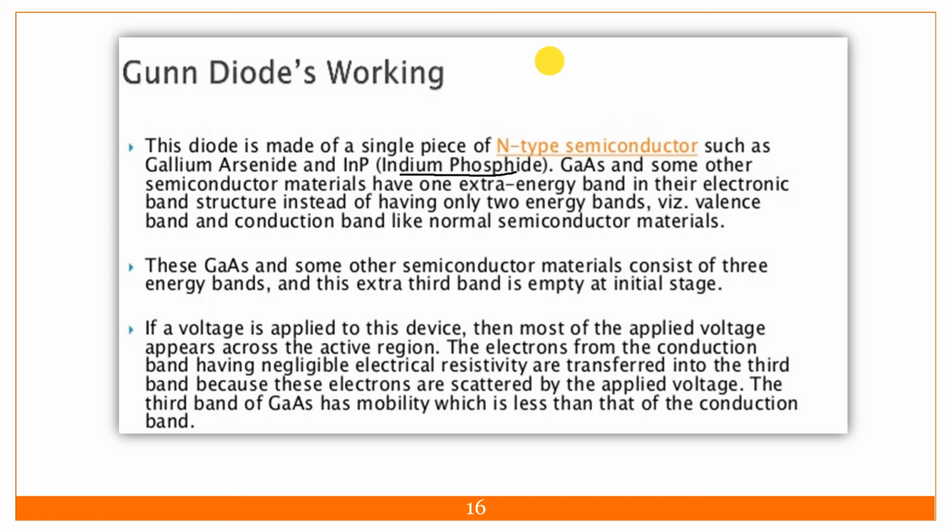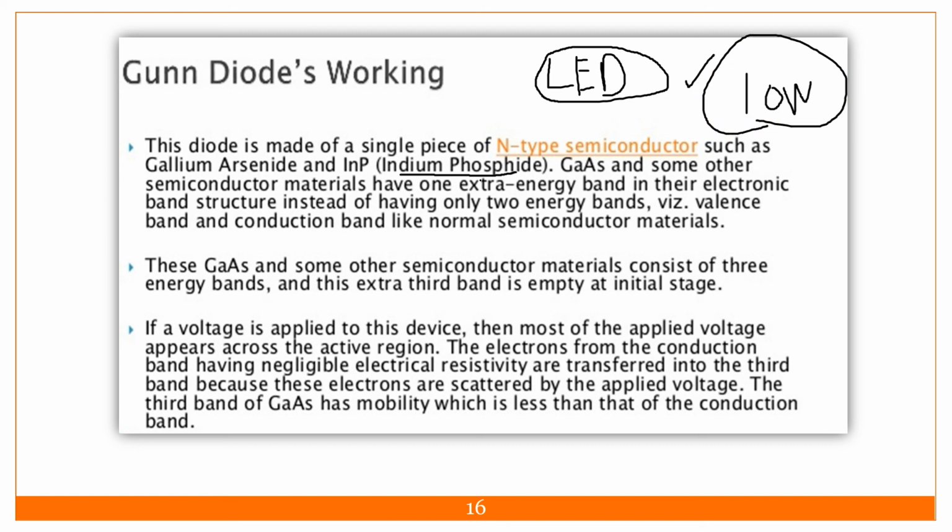I will give you the answer: you can use this in LEDs. Whatever LEDs we develop using indium phosphide have more current capability, like large-wattage LEDs, for example a 10 watt LED, which uses gallium indium phosphide.